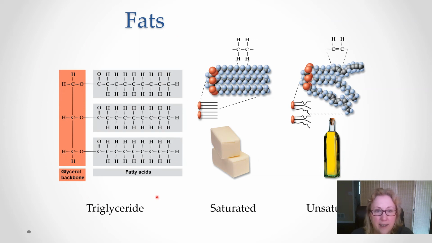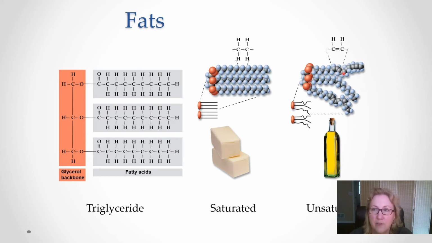So fat is triglyceride, and it doesn't matter if it's a liquid or a solid at room temperature, it's still a triglyceride. So whether you're talking about butter, lard, suet, olive oil, corn oil, they're all triglycerides. The difference in whether it's a solid or a liquid at room temperature is which fatty acids are present.